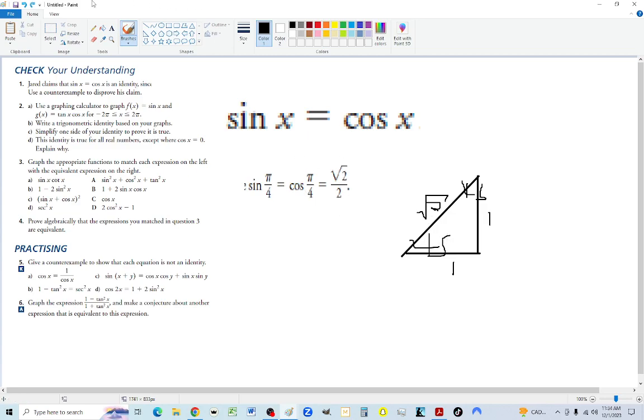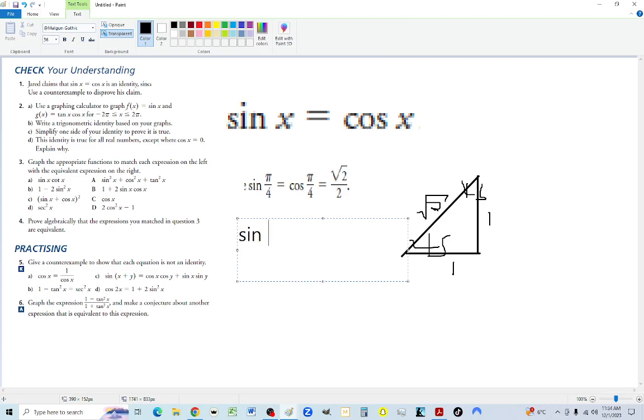If anything, the ultimate truth is that the sine of any angle, call it x, is going to be equal to the cos of 90 minus x. And it only holds true here when the angle is 45. It ends up that cos of 90 minus 45 is also the cos of 45. That's why that holds true.